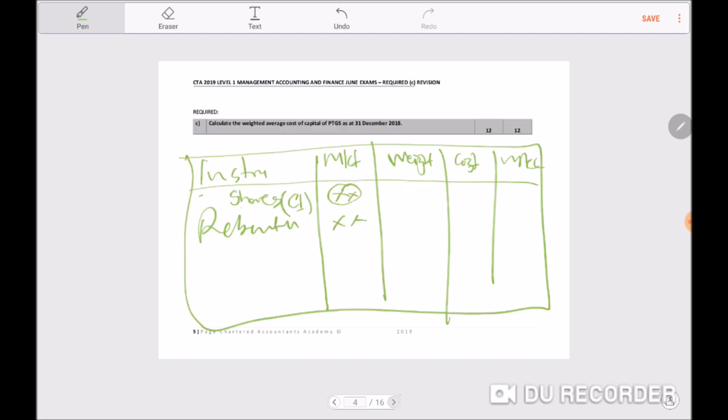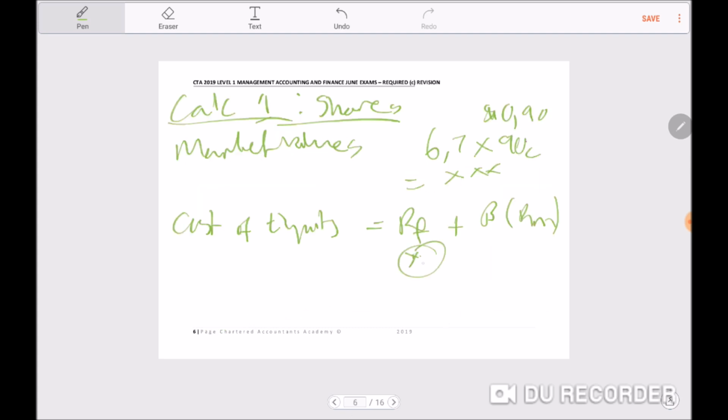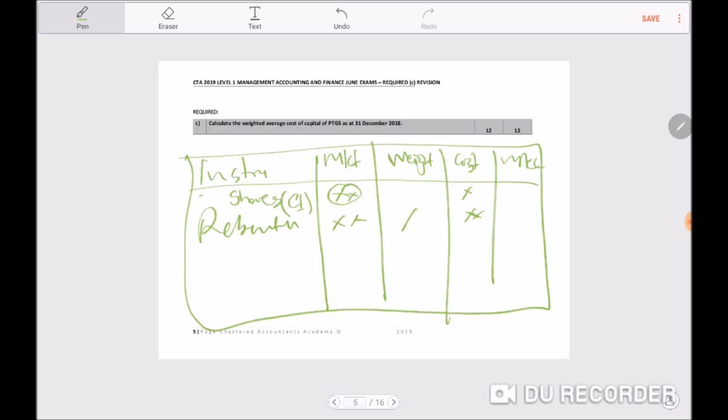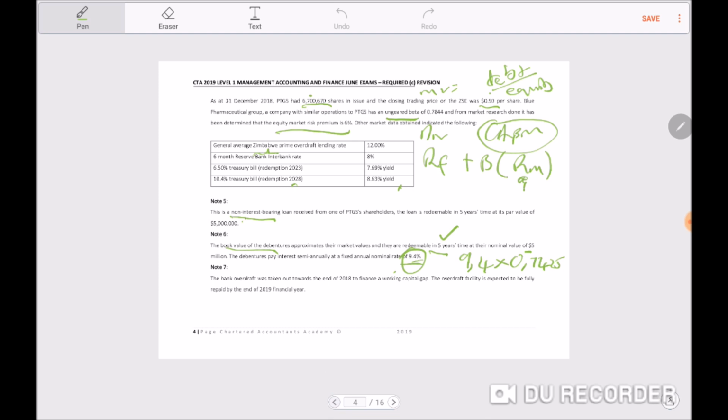And what do we do with that cost? We put the cost over here. And on the WACC, I'm sure we now have our calculation. This is our cost of debt, and then we put it over here. Let's see if we have any other instruments. The bank overdraft was taken to finance a working capital gap.